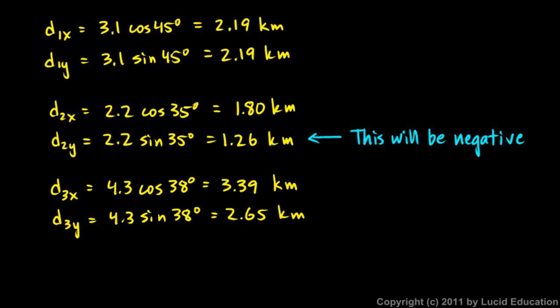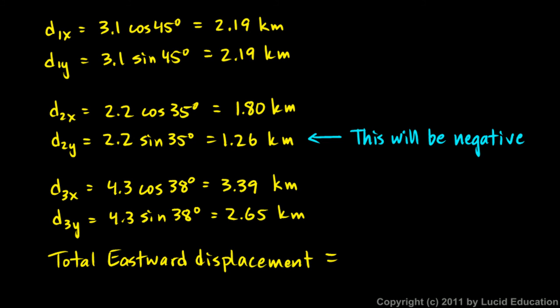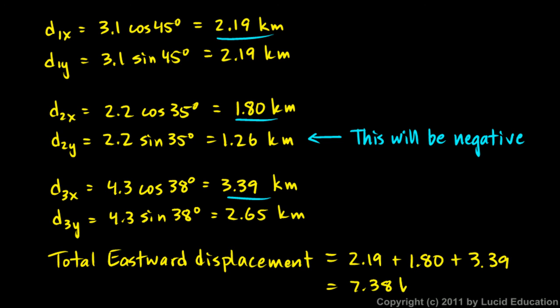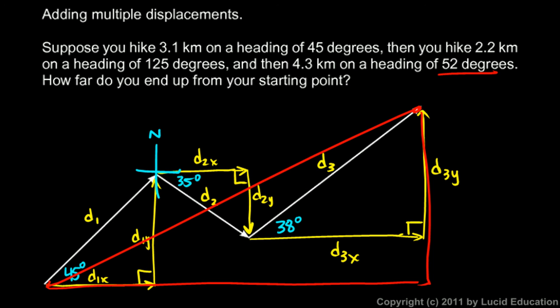So let's write this. The total eastward displacement is going to be those three pieces added together. So it's going to be 2.19 plus 1.80 plus 3.39, and that equals 7.38 kilometers.